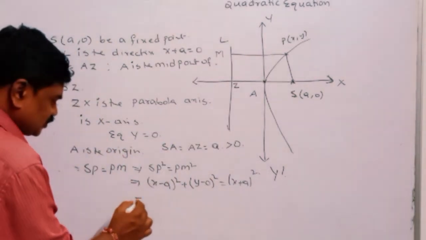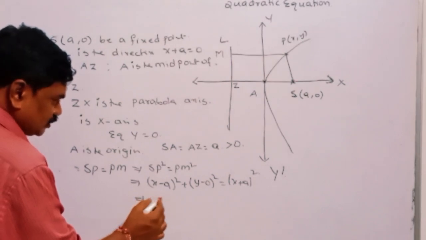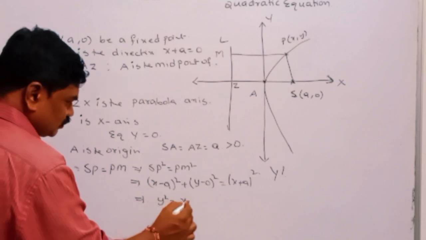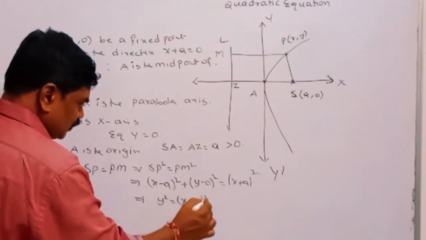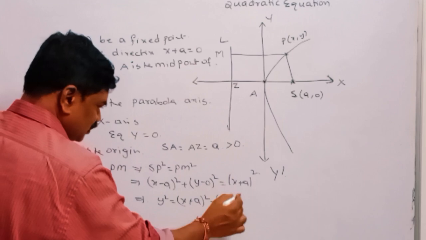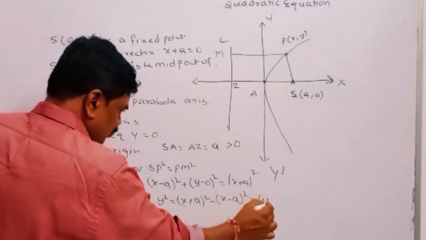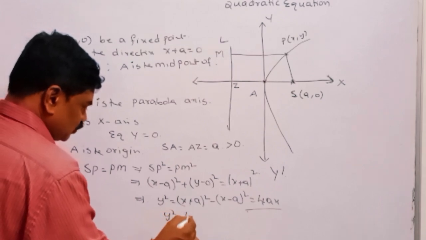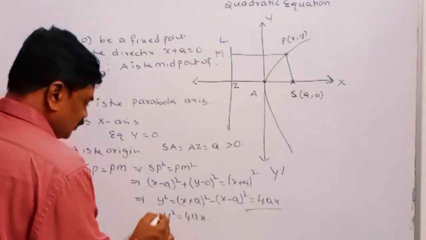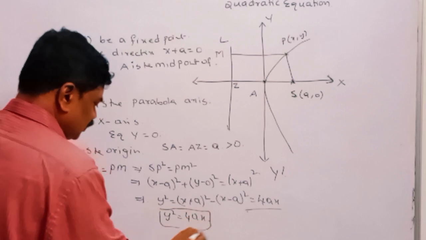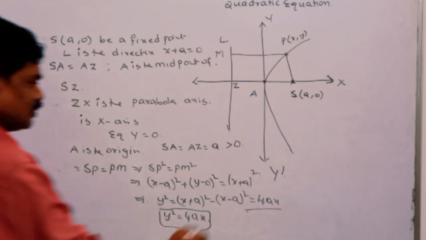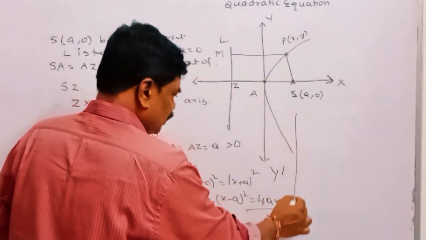So from this we write y square is equal to (x plus a) whole square minus (x minus a) whole square, which is equal to 4ax. y square is equal to 4ax is the equation of the parabola.